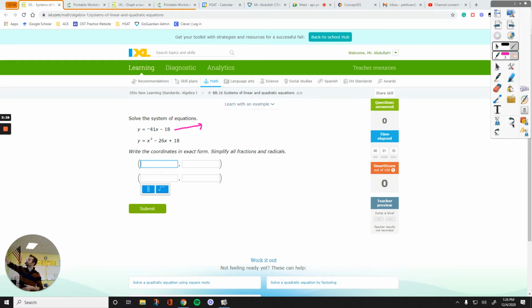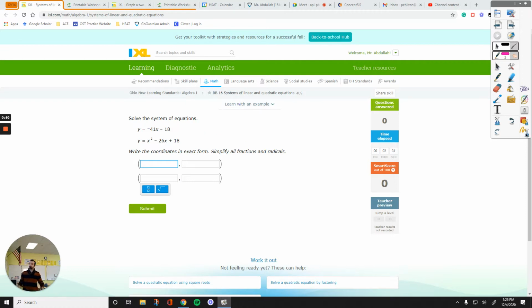Let's just fix that. A line that looks like this, sort of, and the quadratic is going to be an upward graph. If we extend this, they are going to meet at 2 points. We are going to find the coordinates of this point and that point and then fill out the boxes. That's the logic behind it.